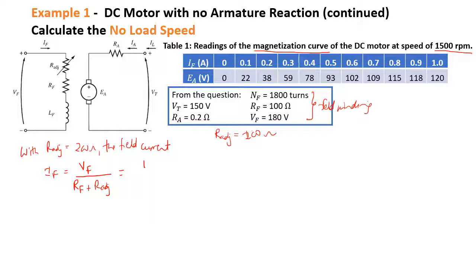VF is 180, RF is 100 ohms, and R adjustable is 200 ohms. So that gives us 180 over 300. Therefore IF is 0.6 amperes.